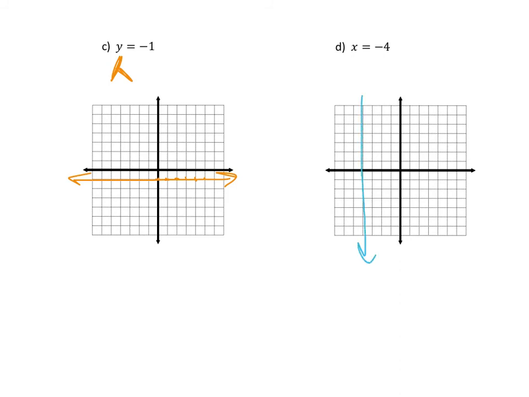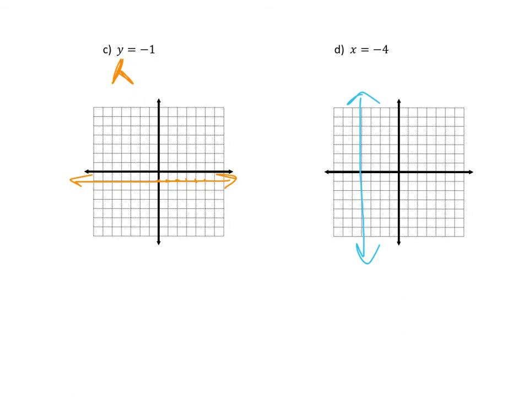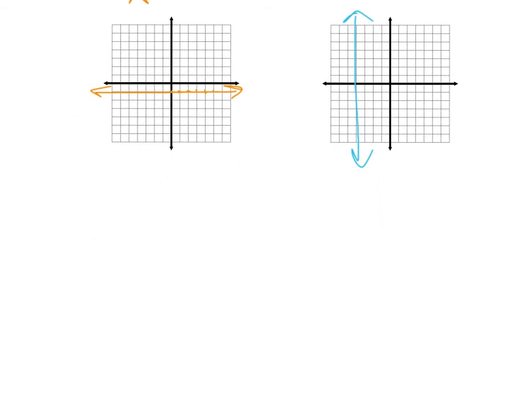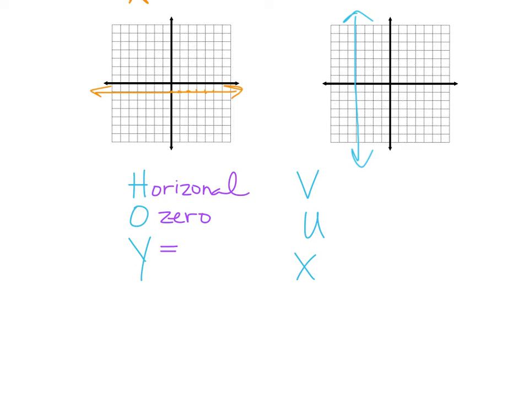Okay. Here's the little trick. I think I've said it to you guys. I've said HOY VUX, right? It's just a way for you to remember. So if a line is horizontal, it has a slope of 0, and it will be y equals as the equation. Okay?